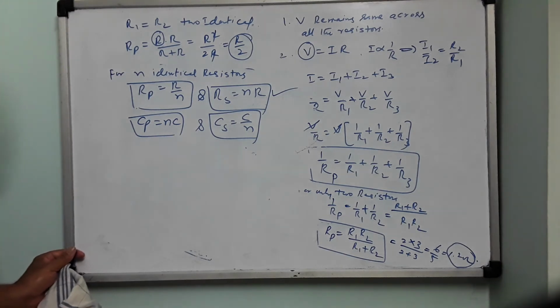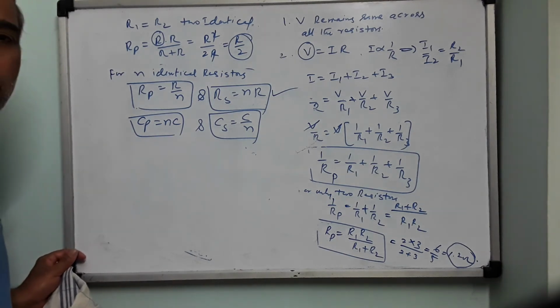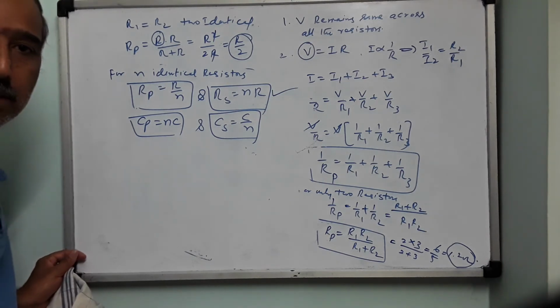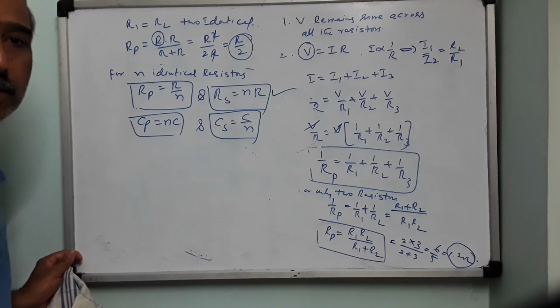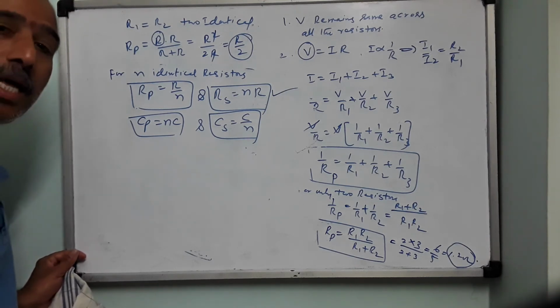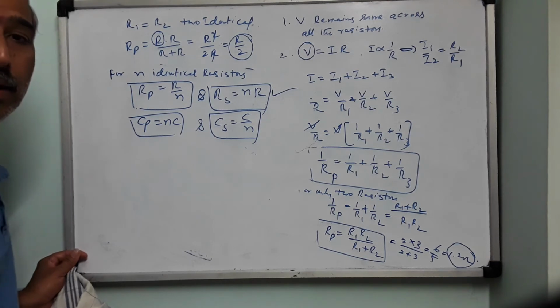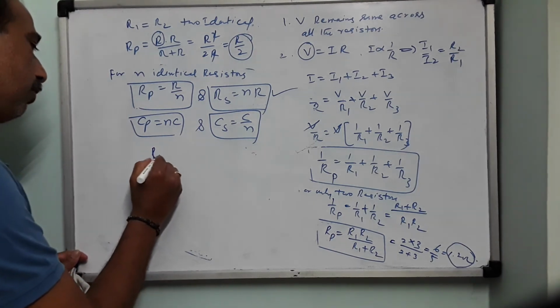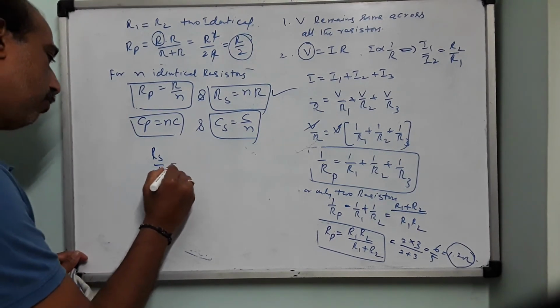One mark and 2 mark questions will be asked. N number of identical resistors of resistance R each are first connected in series, and then they are connected in parallel. Calculate the ratio of net resistance of series to parallel combination. That means you are asked to calculate RS by RP.